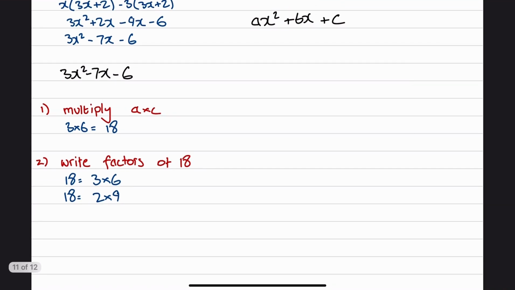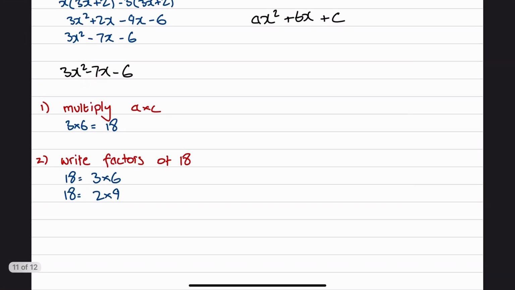Now these are combinations that give us the same product. So the first condition of having two numbers that multiply to give us a times c is complete. The second condition is that they should add or subtract to give us the b term, which is minus 7.